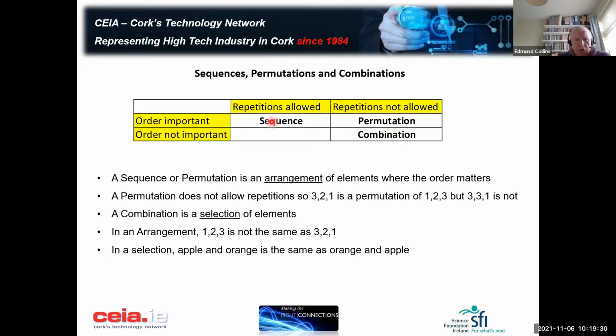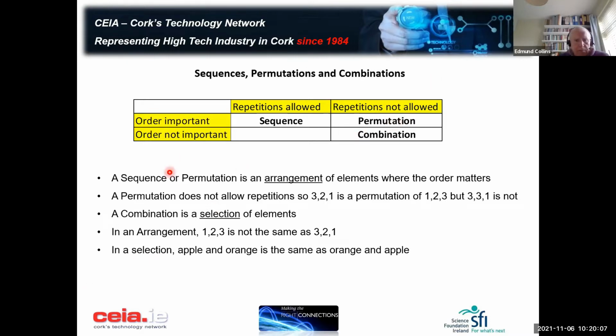Now, an important difference as well between the sequence and permutation/combination is that repetitions are allowed in the sequence. By repetitions, if we have 3 elements, 1, 2, 3, and we want to make up a set of 2 elements, then 1, 1 is allowed, but there is no repetition in permutation or combination. So it's either 1, 2 or 2, 1 or whatever, but not 1, 1 or 2, 2, that type of thing.